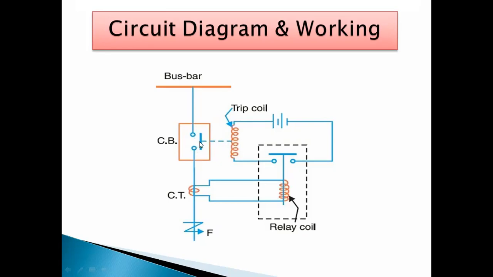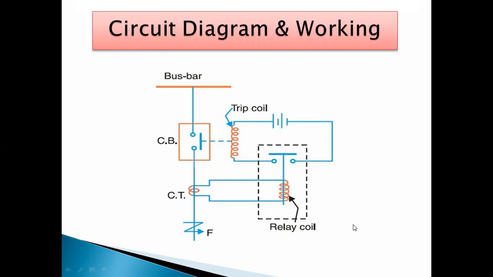If the circuit breaker contacts become open, this faulty section gets disconnected from the bus bar. So in this case your bus bar gets protected when the fault occurs here. This is the basic relay construction.